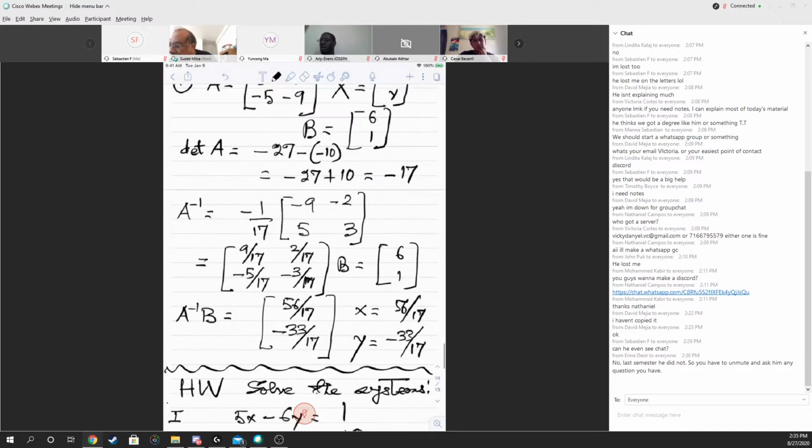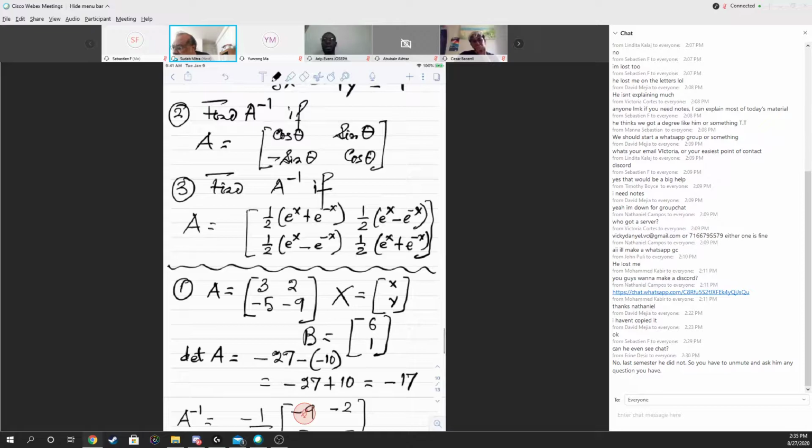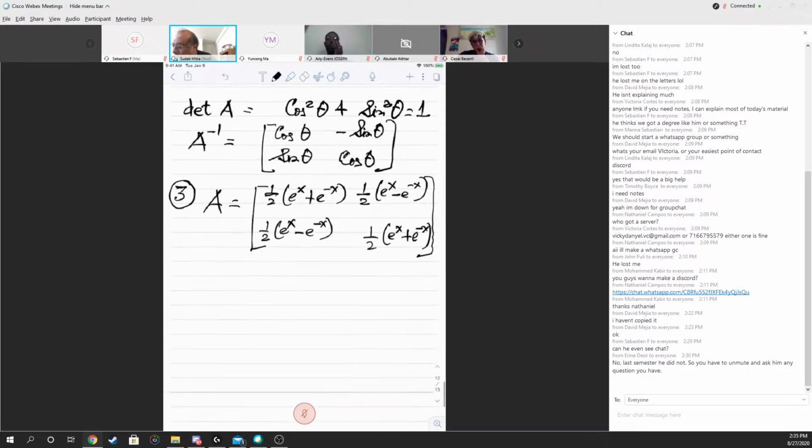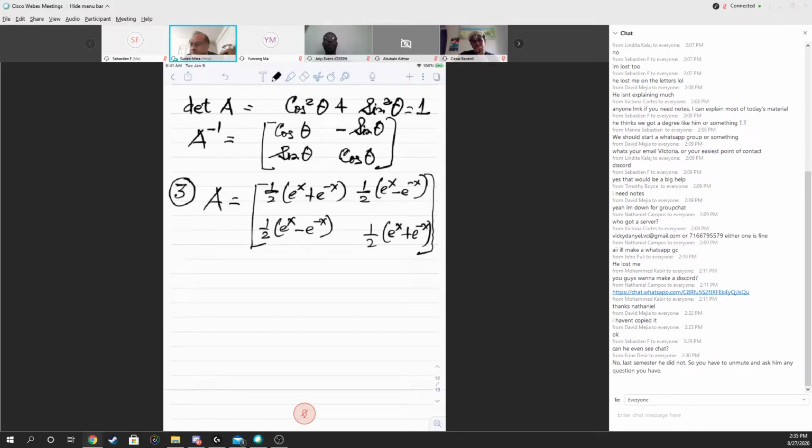E to the x plus e to the minus x, minus e to the minus x. Okay, good. So what's the determinant? 1/4, this times this minus this times that. So e to the x, e to the x plus e to the minus x squared minus e to the x minus e to the minus x squared.